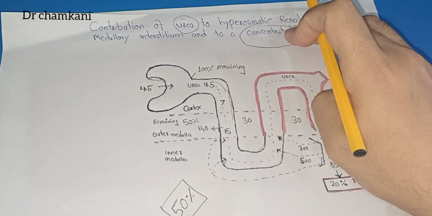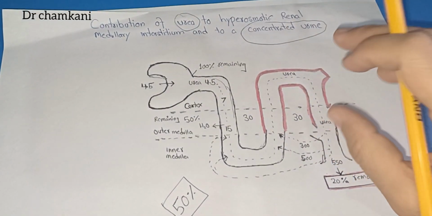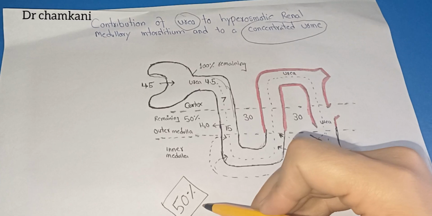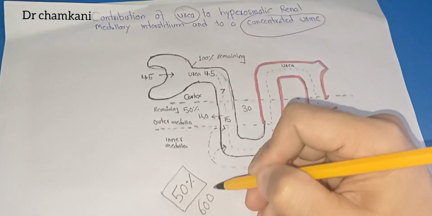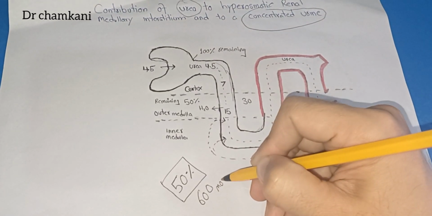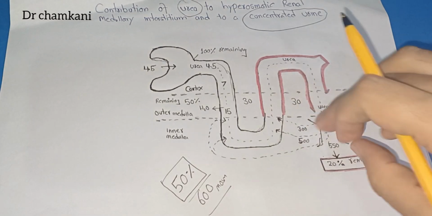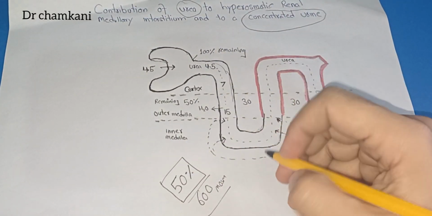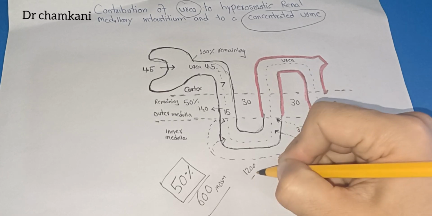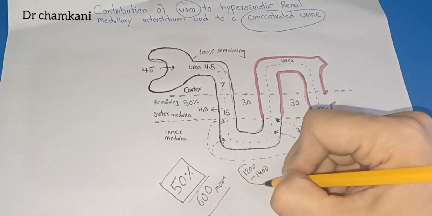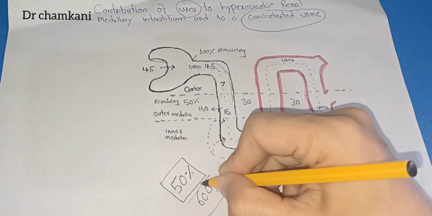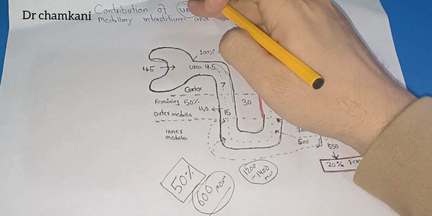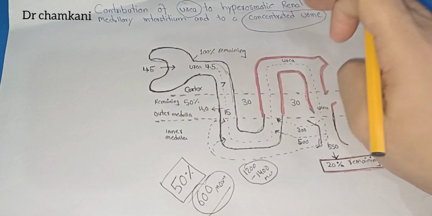Urea can contribute around 600 milliosmol to the hyperosmolarity of the inner medulla. The hyperosmolarity of the inner medulla is around 1200 to 1400, so in this 1200 to 1400 milliosmol, up to 600 milliosmol can come from urea.